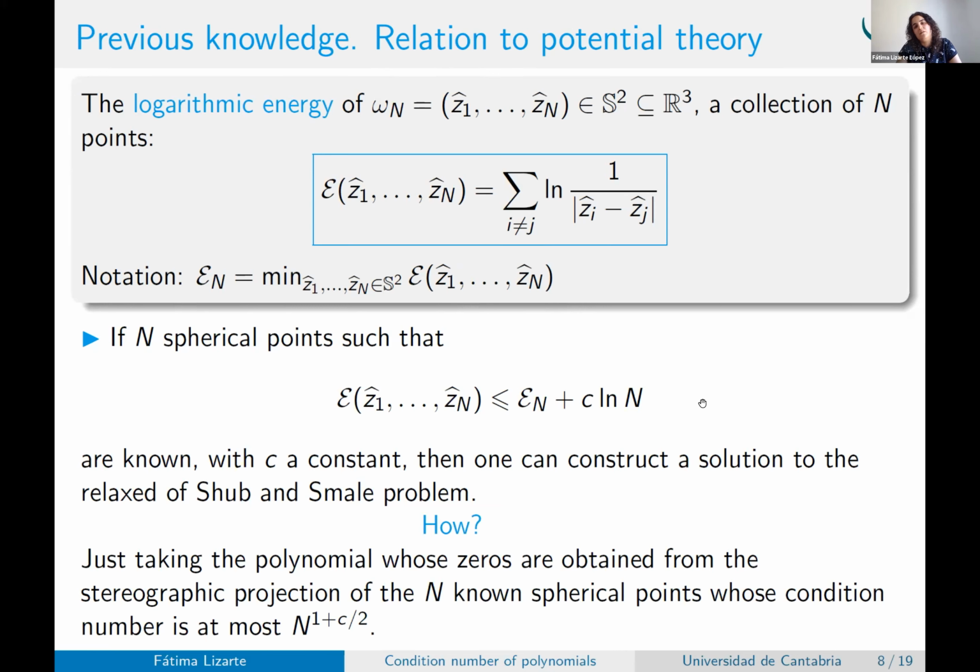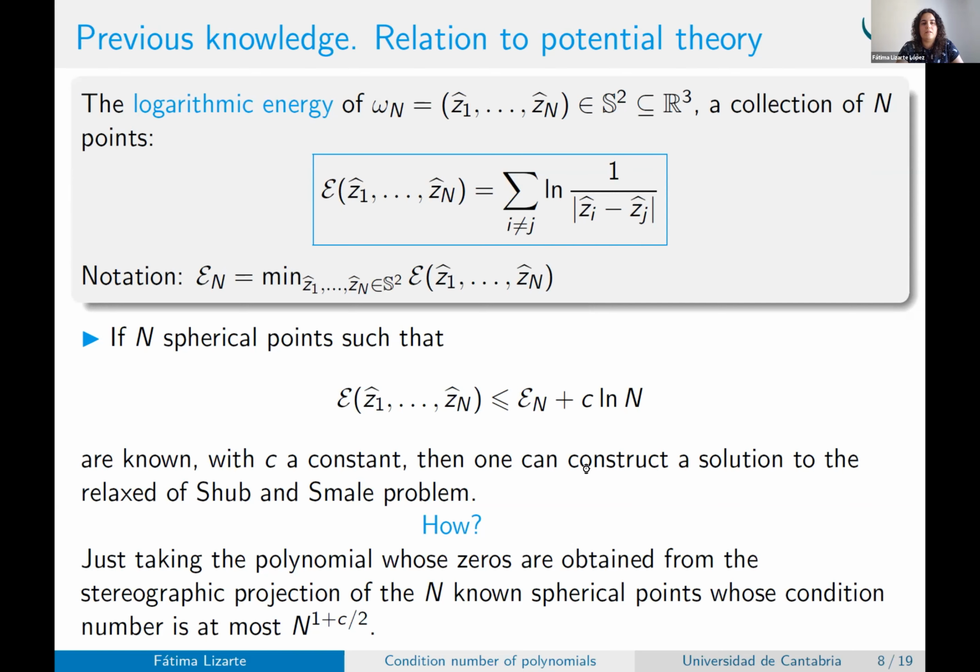Despite this result, Shub and Smale posed the problem of finding collections of spherical points with a small logarithmic energy. In this sense, this was later included in Smale's famous list of problems for the 21st century. Hence, this fact is the reason for the exact form of the problem posed by Shub and Smale that is nowadays known as Smale's seventh problem.